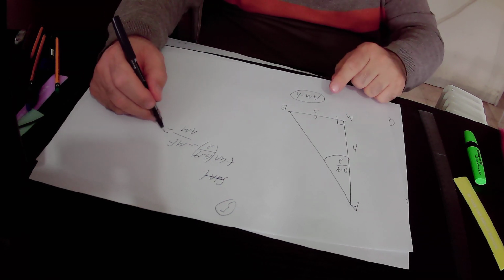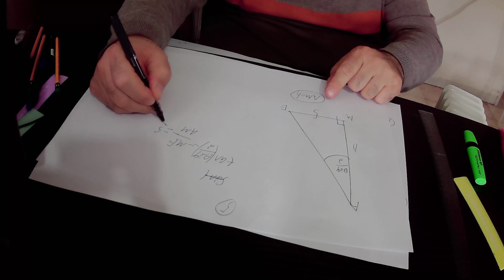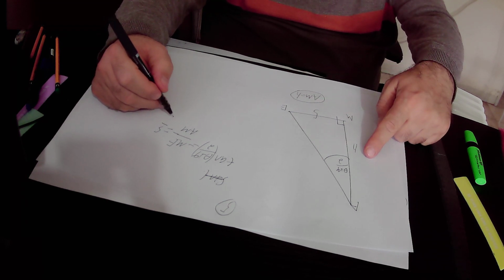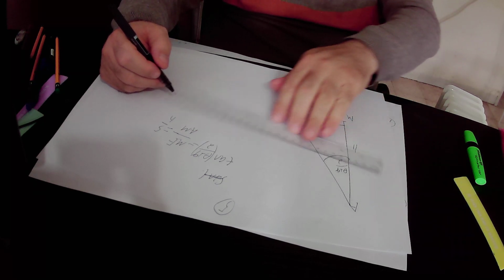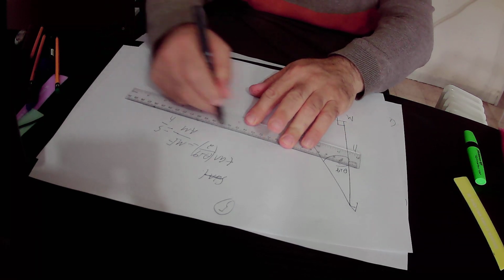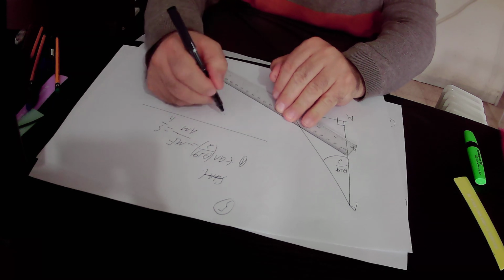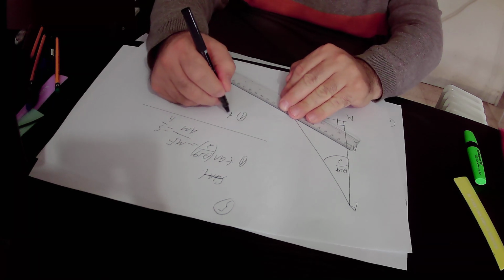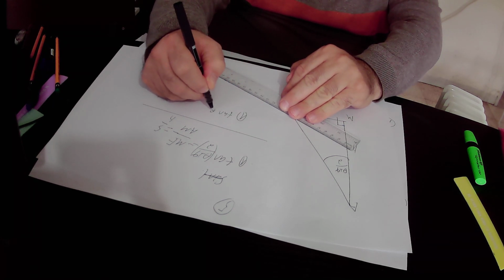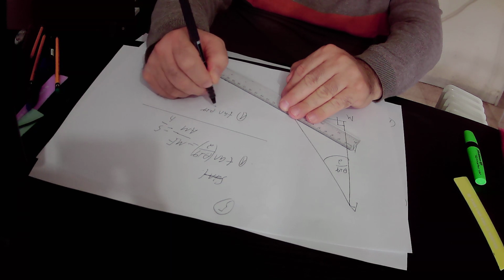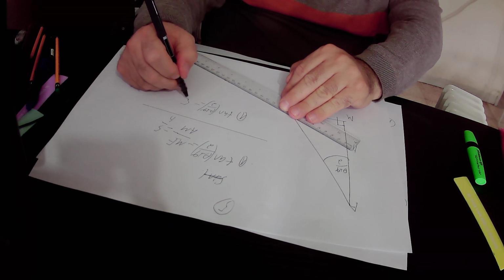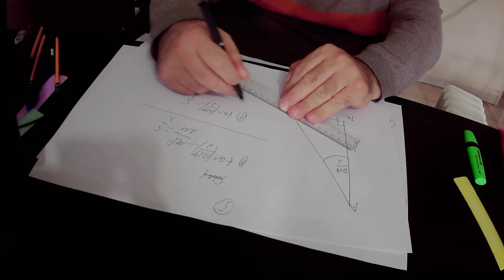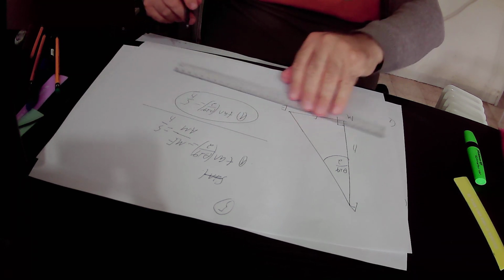But ME equals 5 units and AM equals h according to our definition. So, in conclusion, this will be equation number 1: tangent theta plus alpha over 2 equals 5 over h. Okay?